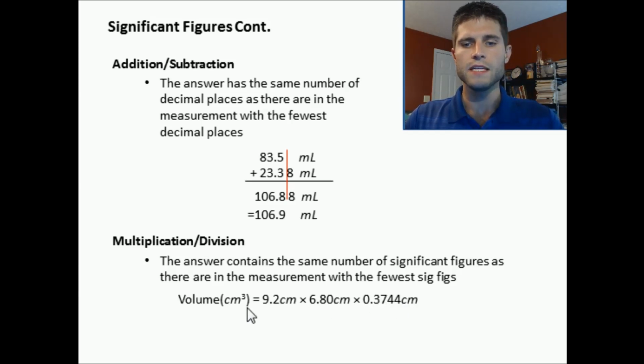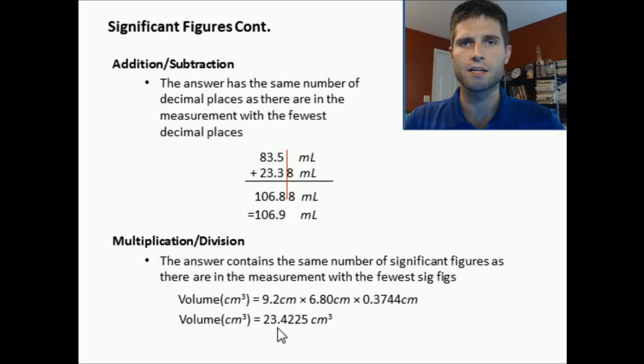So from this point, when we multiply these three numbers together, the final answer can only contain the same amount of significant figures as the least significant figures present here, which has to be this 9.2. There are only two present here. So our final answer can only contain two significant figures. If we put this into a calculator, we can calculate out 23.4225 cubic centimeters.